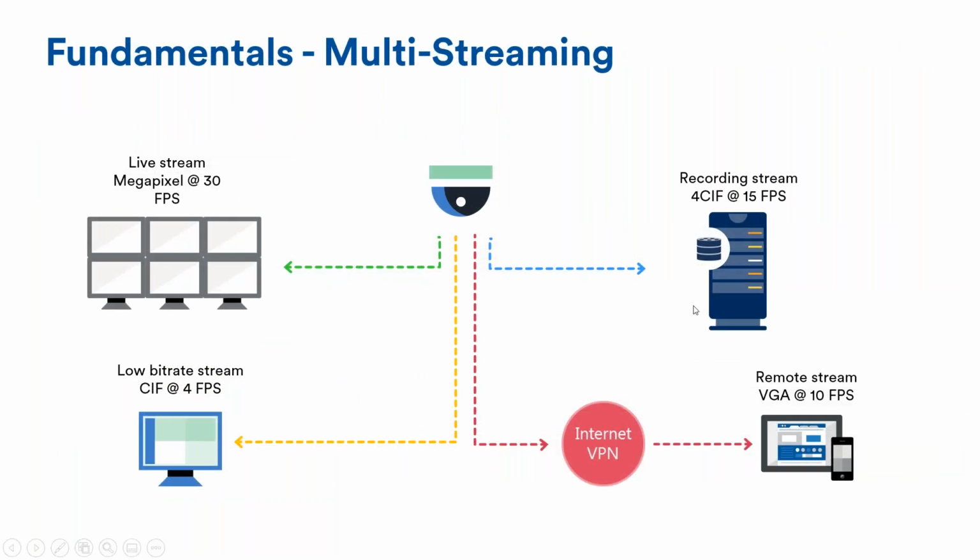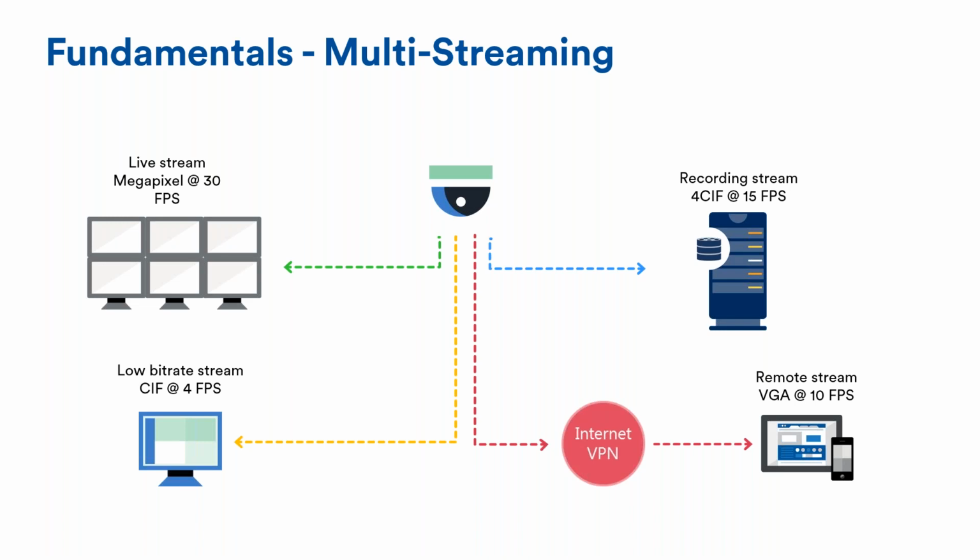Something else to keep in mind is the ability of cameras to support multi-streaming. So many cameras today support multi-streaming or the ability to encode multiple streams of video. So some cameras may support encoding 3 video streams, some may support encoding 4, some may support encoding 6.